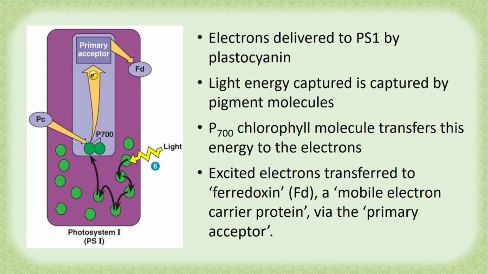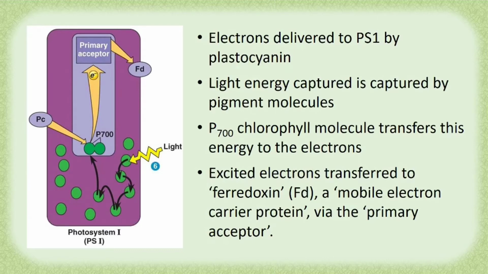Photons of light, these packets of light energy, reaching the leaf can hit the pigment molecules in photosystem 1, and that light energy is delivered to P700, where it's gained by our electrons. So at this point, having lost their energy in the cytochrome complex, running the proton pump there, the electrons are now re-excited. So this is a second photoexcitation stage.